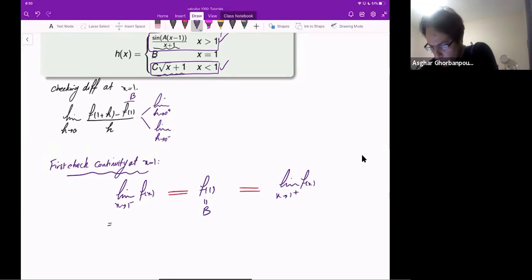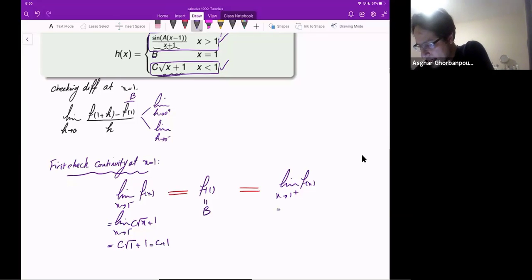As x goes to 1 from the left, this is the formula we have to use, and that will give me c root of 1 plus 1, which is c plus 1.